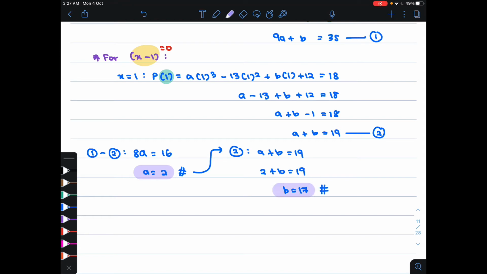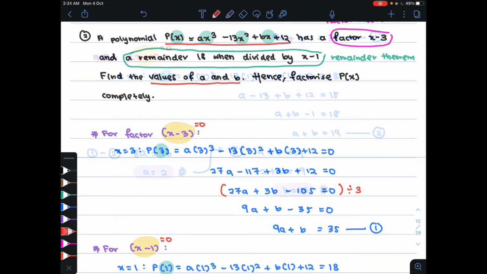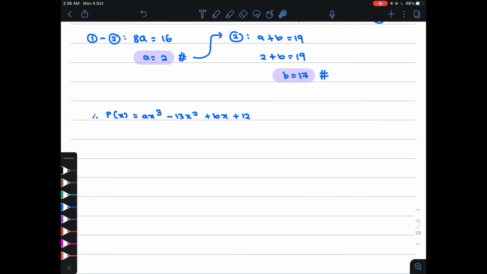And hence, a is 2 and b is 17. And now, we need to factorize p(x) completely. This is our original p(x), so substitute a and b into p(x).